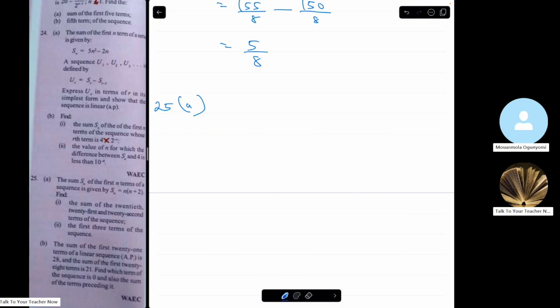Take it again from the beginning, please. Yeah, let's go. The sum Sn of the first n terms of the sequence. Beautiful. Whose nth term is 4 times 2 raised to power minus r.